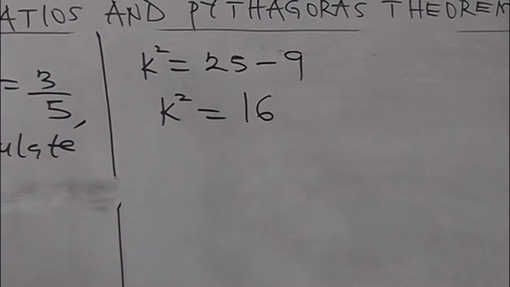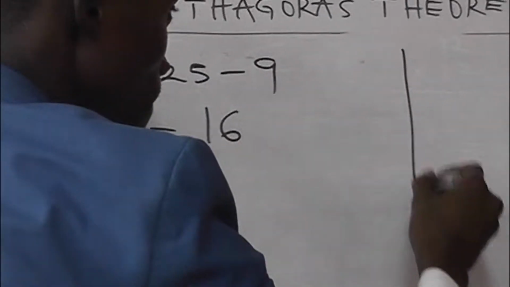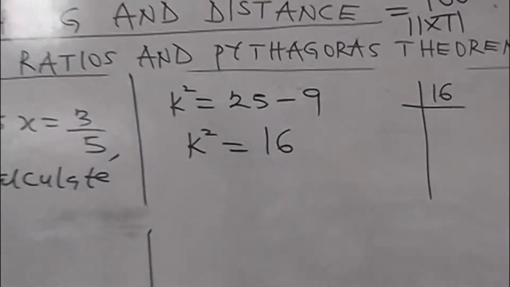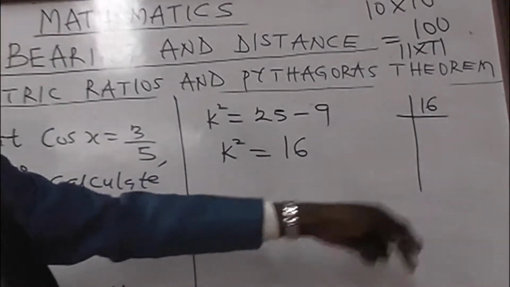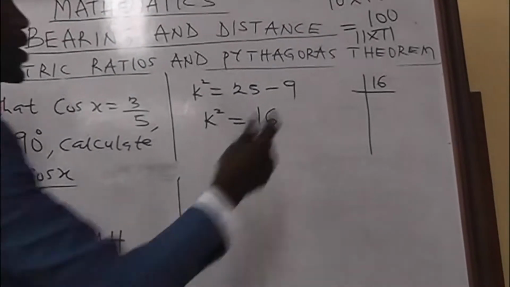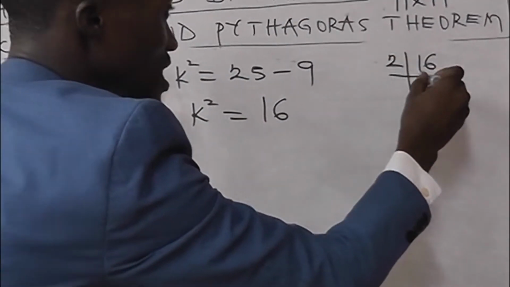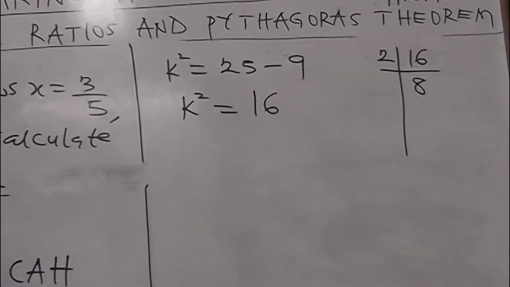Now, we can use the method I explained earlier. We have 16. 2 can divide 16 without giving us any remainder, because the last digit here is an even number. 2 in 16 will give us 8.